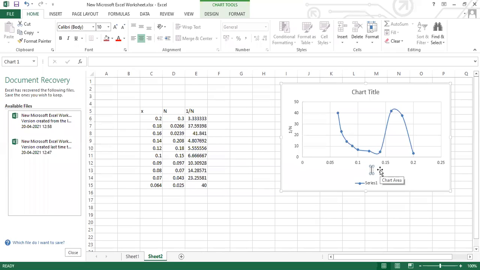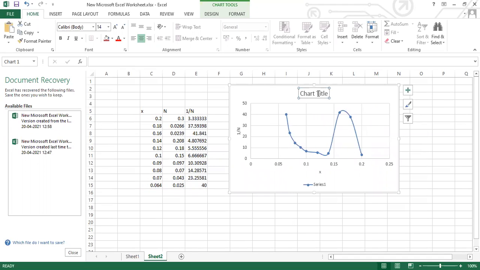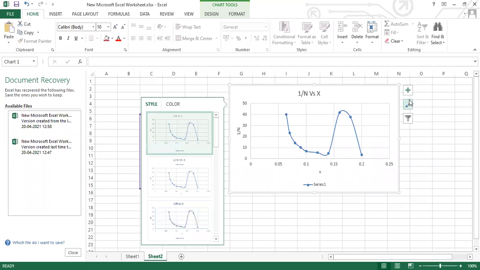Now we make a chart title: 1 divided by n versus x graph. Then we make a very good graph.